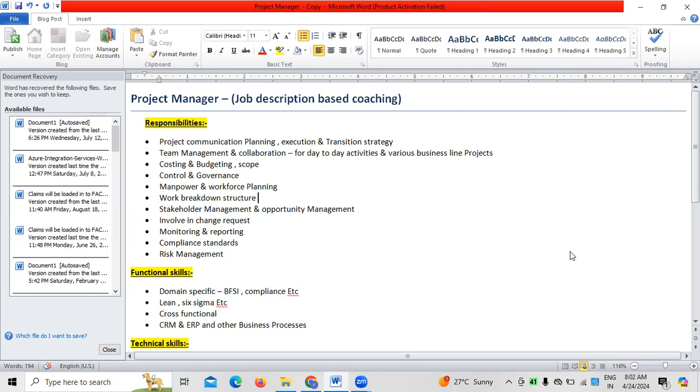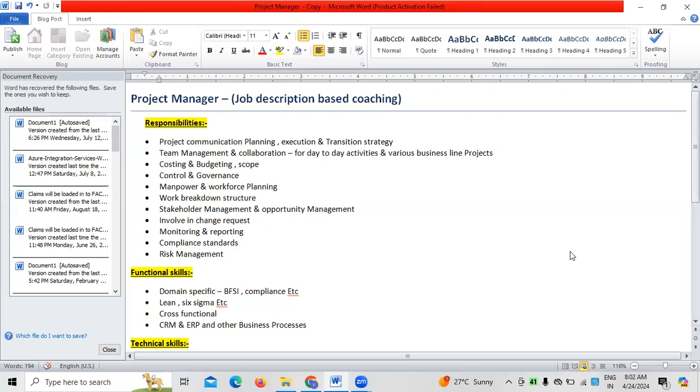As we already know, when it comes to the implementation of any project, especially in the field of IT, and even in non-IT fields like BFSI domains, healthcare, or construction, managing the projects is one of the key responsibilities a project manager has to deal with.